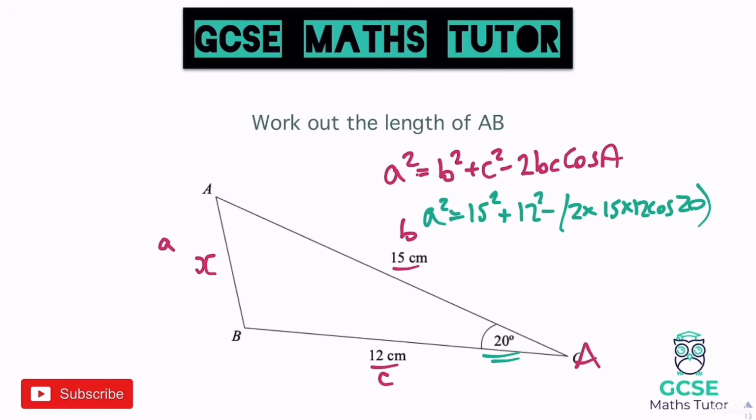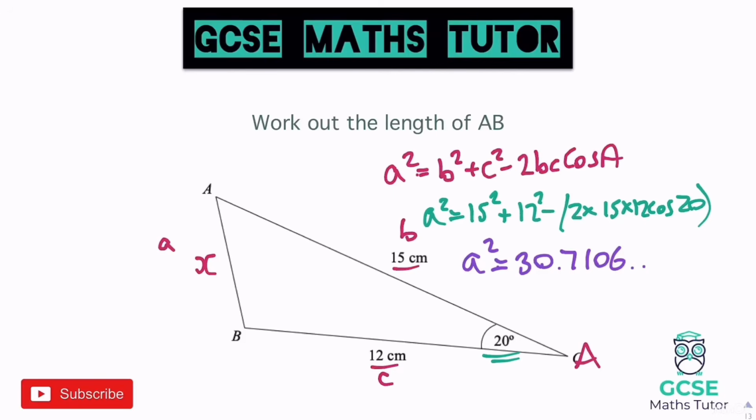So 15 squared plus 12 squared minus 2 times 15 times 12 cos 20. Press equals, and I get a squared equals 30.7106 and a few more decimals.